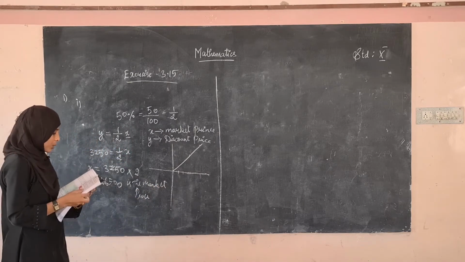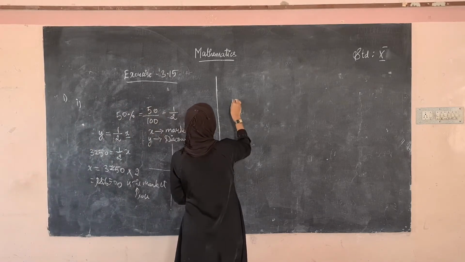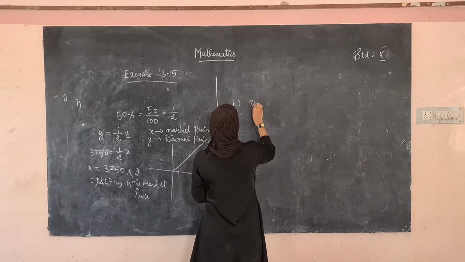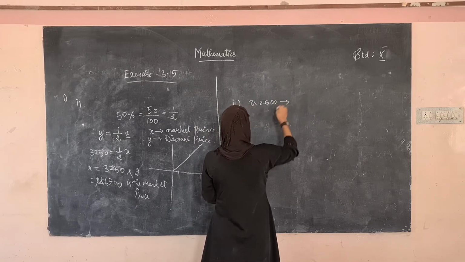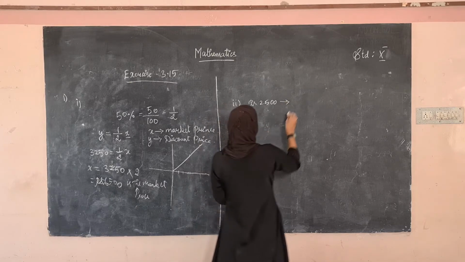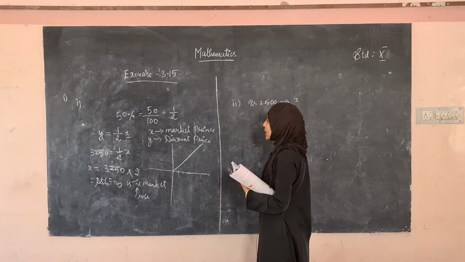And the second subdivision: the discount when the market price is rupees 2500. Rupees 2500 is the market price. So market price is x, right? So we have to find the value of discount price, that is y.